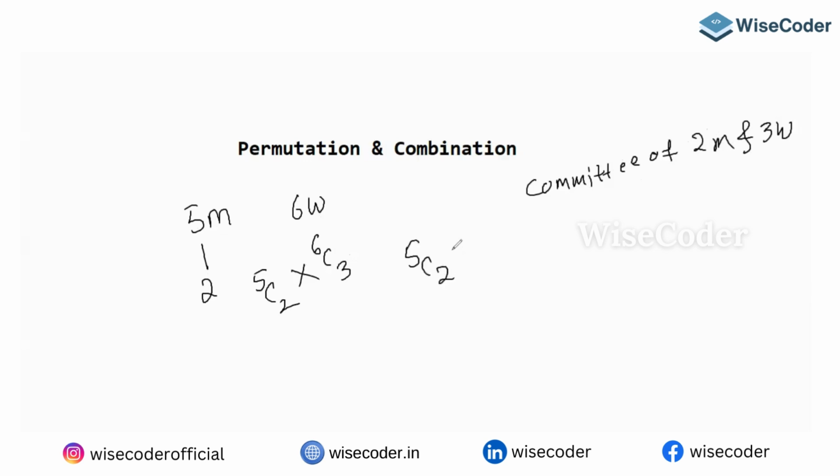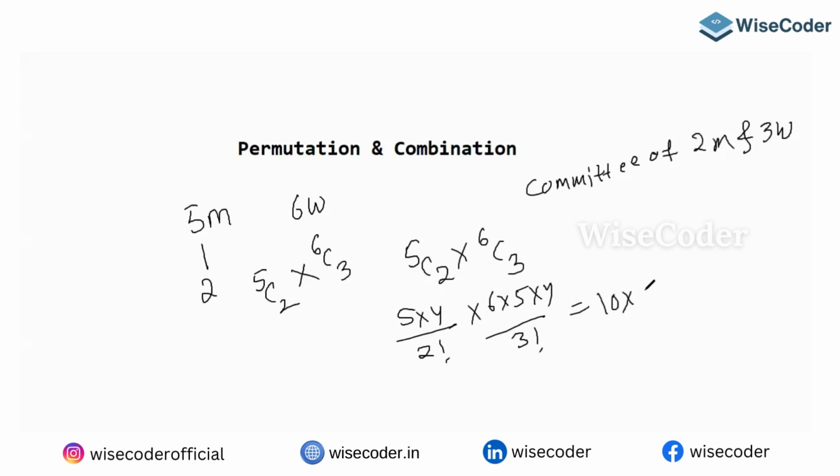So 5C2 into 6C3, which means 5 into 4 by 2 factorial into 6 into 5 into 4 by 3 factorial. If you calculate this, 10 into 20, that will give you 200 ways.